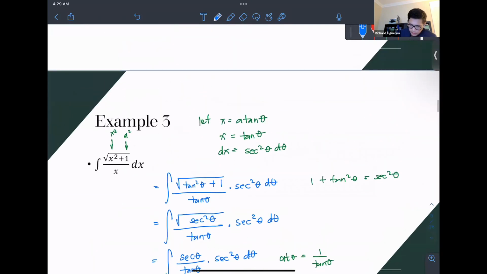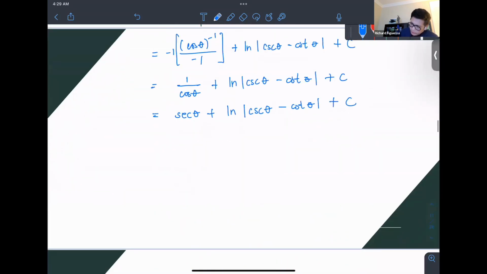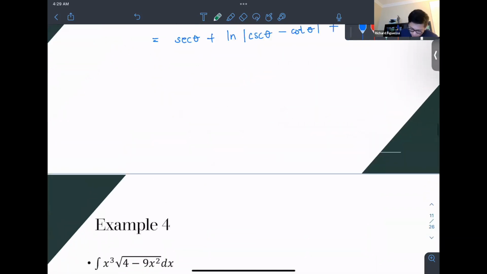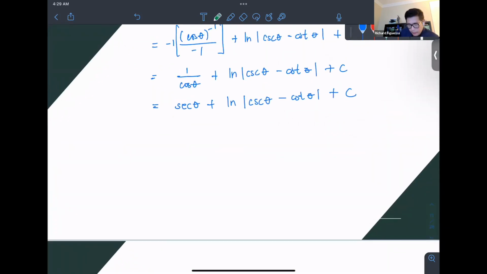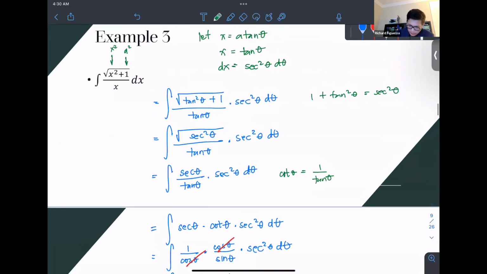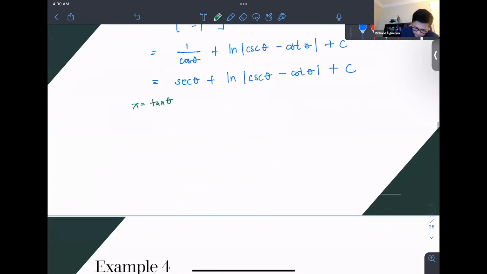Then we go back to our original. So what do we call that one? The x is equal to tangent theta. And then tangent theta is opposite over adjacent.